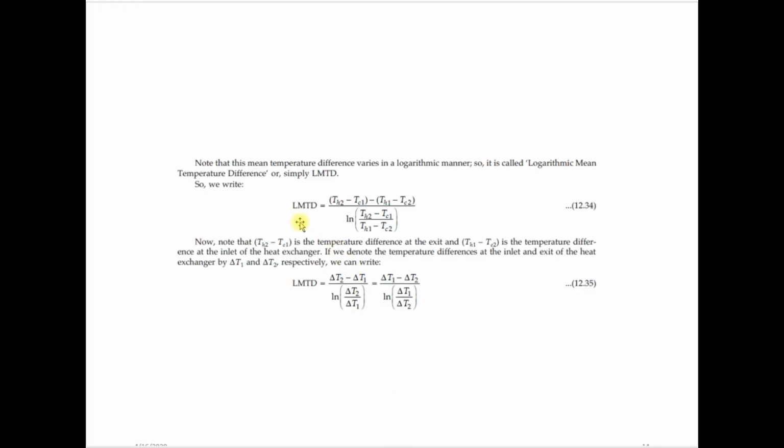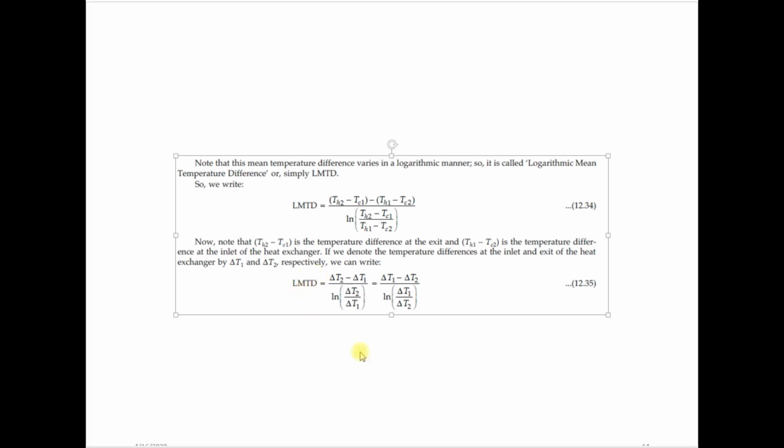Now if you compare the LMTD equation, (Th2 minus Tc1) minus (Th1 minus Tc2) divided by ln of (Th2 minus Tc1) divided by (Th1 minus Tc2), the delta T is written as LMTD because the mean temperature difference varies in a logarithmic manner. That is why the name LMTD is given.